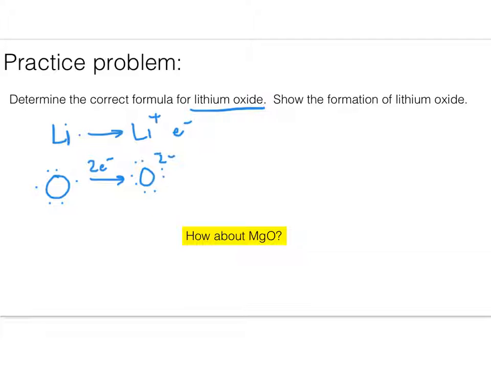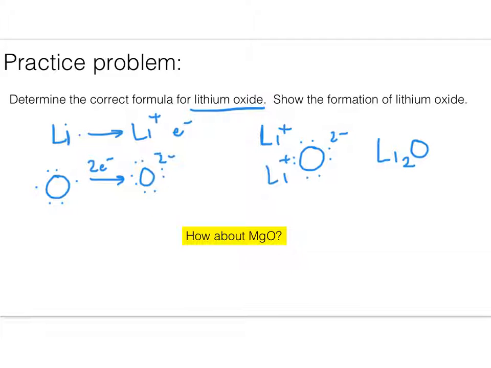When we combine lithium and oxygen, we have lithium with a positive 1 charge, happy and stable, and oxygen with a minus 2 charge, happy and stable. So we would draw maybe something like this: LiO, or I'm sorry, Li2O. My apologies. So Li2O, and this is a balanced molecule right there.